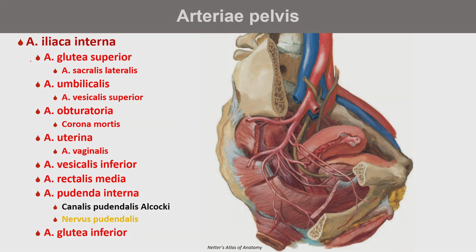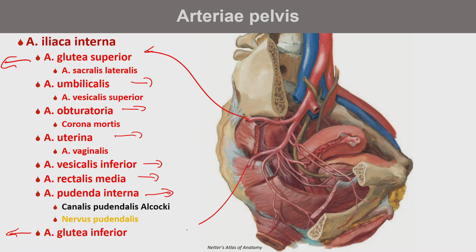Here, those 2 arteries are going dorsally and the others are going anteriorly, like in this image. So this is the superior and here is the inferior gluteal artery. Those are supplying gluteal muscles and also nerves, which are going this way. And these 2 arteries are going through the suprapiriform and infrapiriform foramen.